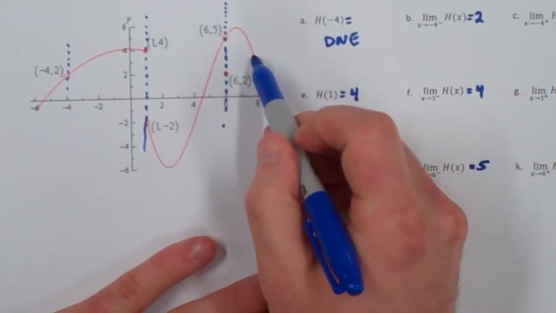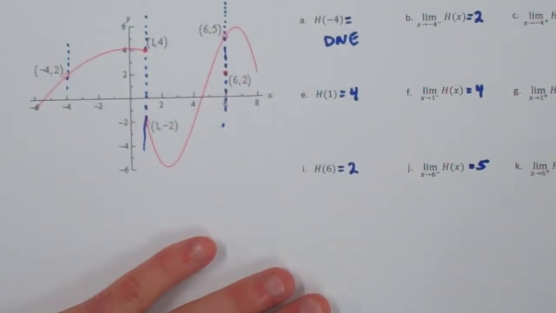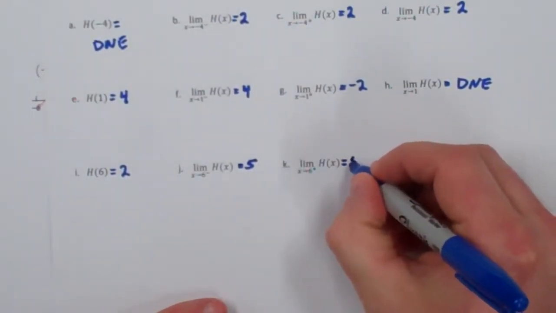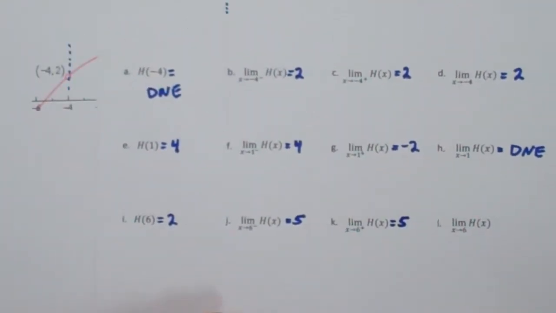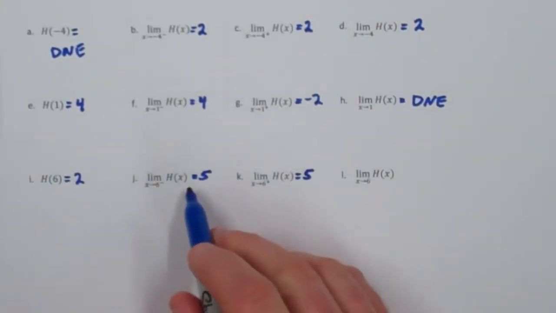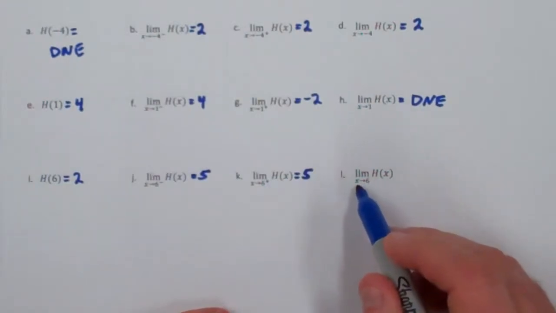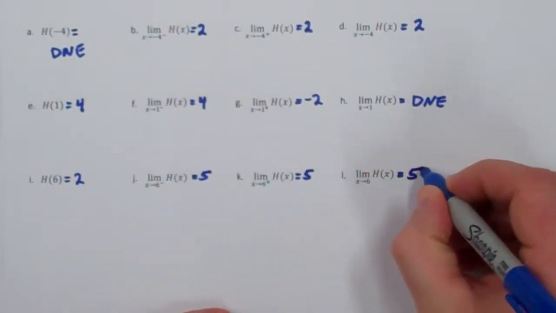And from the right, we're descending and getting very close to, again, this value of 5. So from both the left and the right, we are approaching a value of 5. If we are approaching a value of 5 from both sides, then the limit as x approaches 6 in this case will be 5.